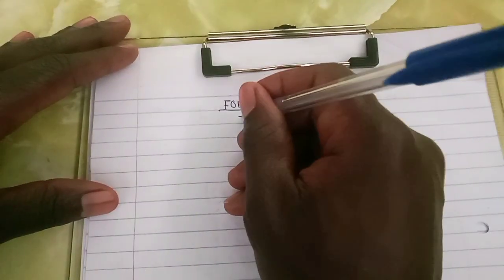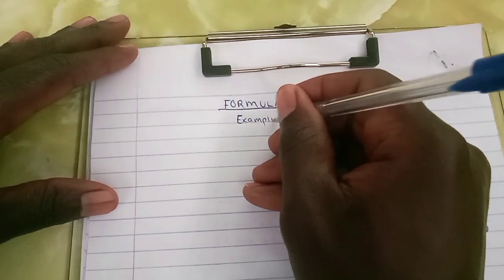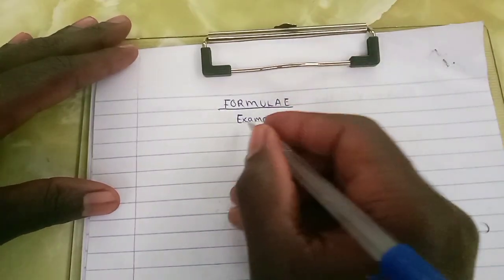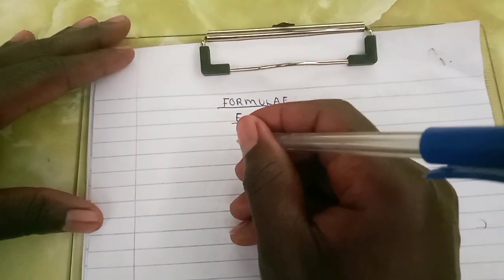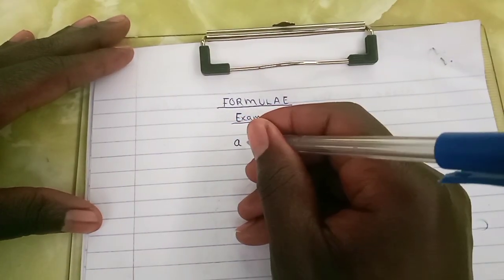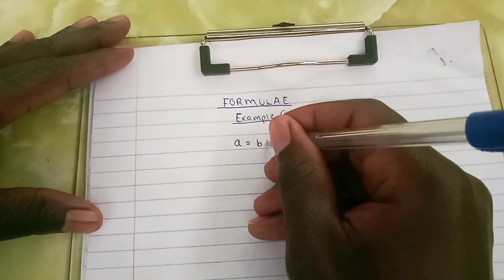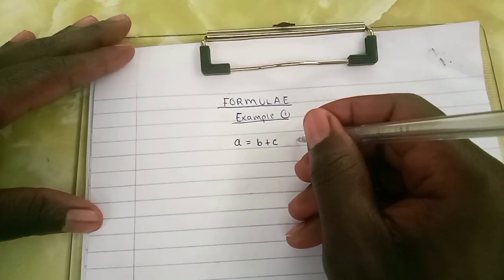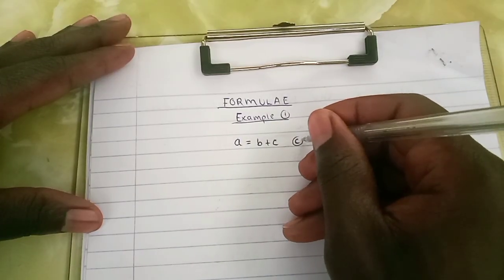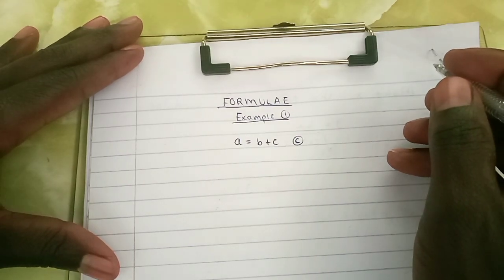So for my example one, I'm going to take a simple formula such as A is equals to B plus C. For this, I am going to make C the subject of the formula.